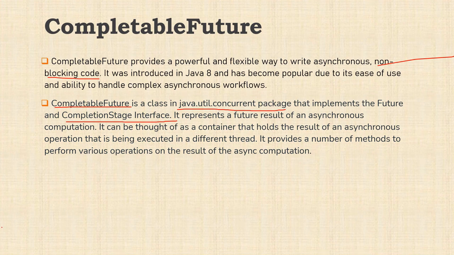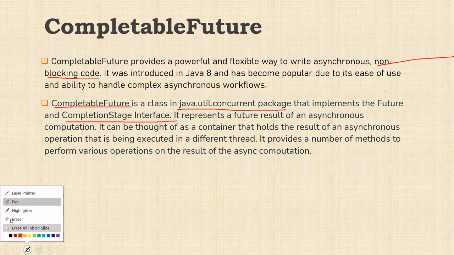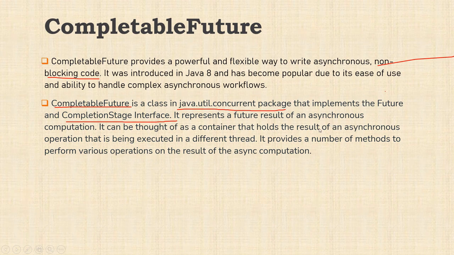It can be thought of as a container that holds the result of an asynchronous operation that is being executed in a different thread. It provides a number of methods to perform various operations on the result of the async computation.